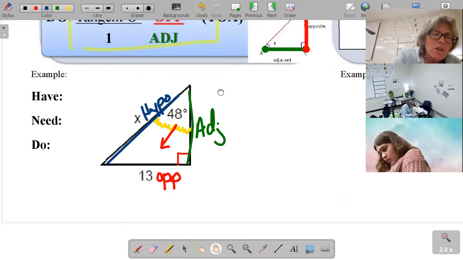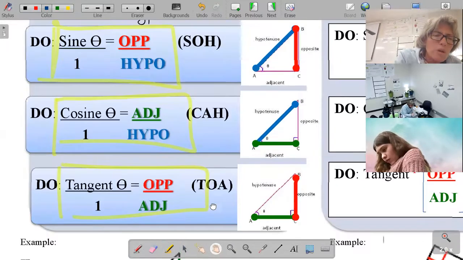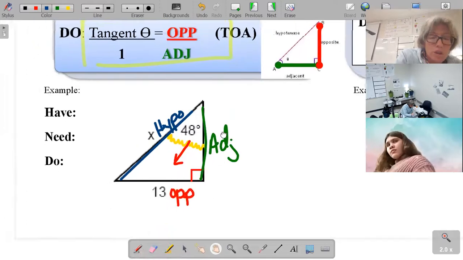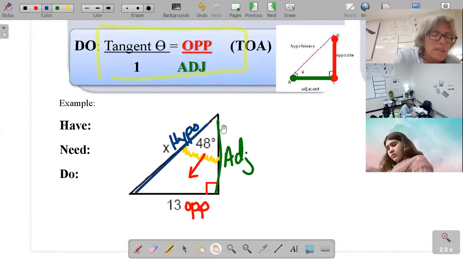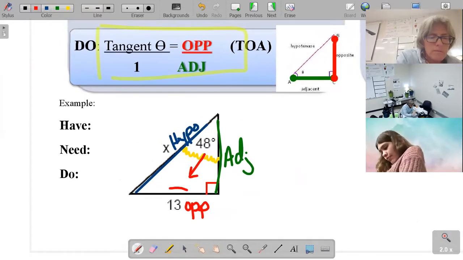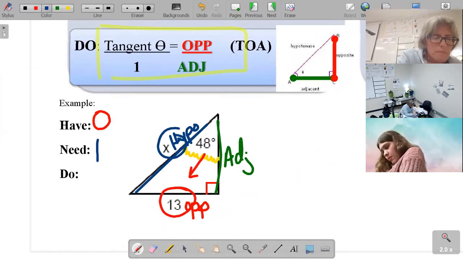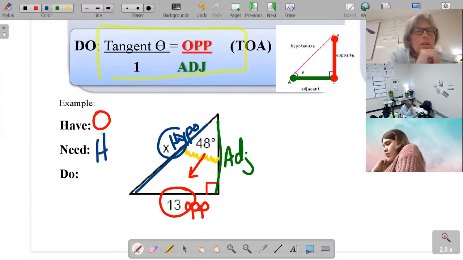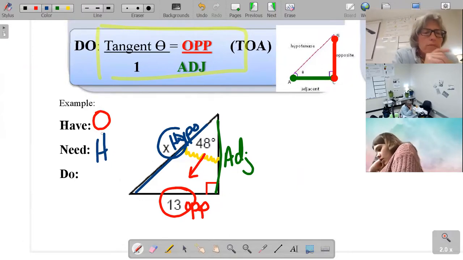One of the key skills is trying to figure out when do we use each of these three ratios. The have and the need tells you that. We have the opposite. We need the hypo.